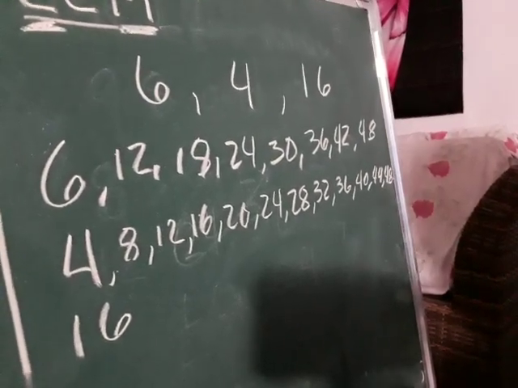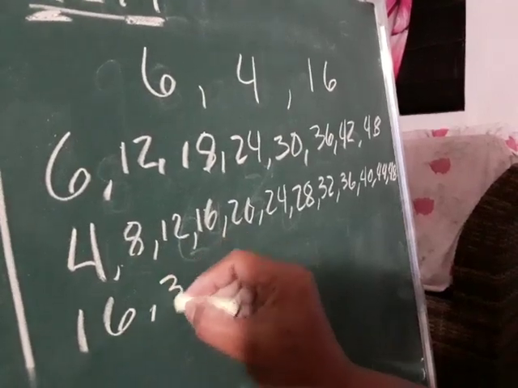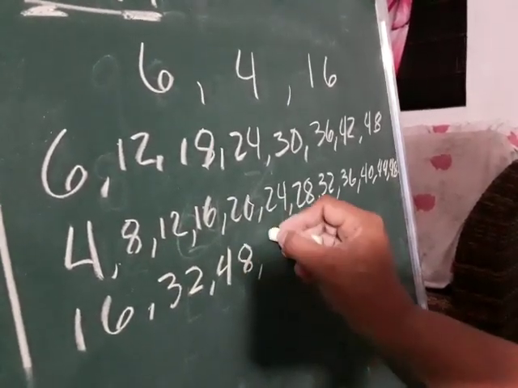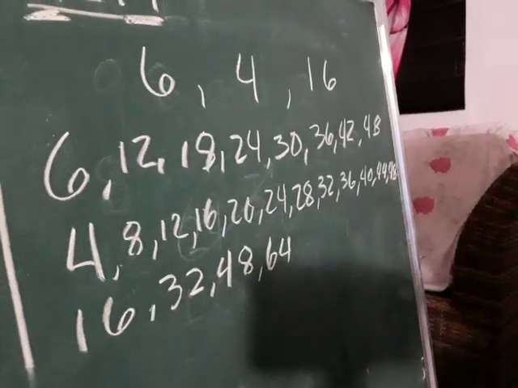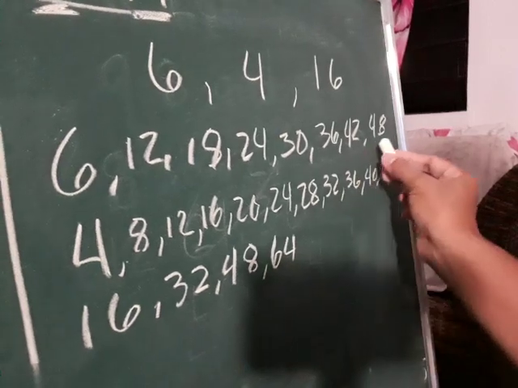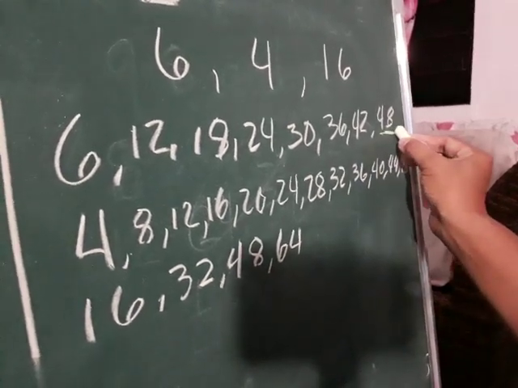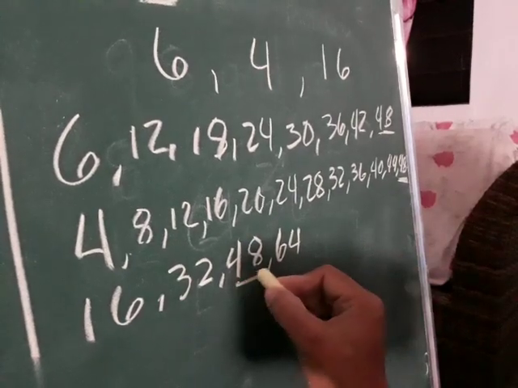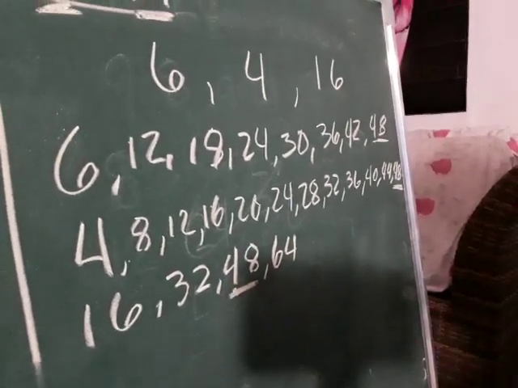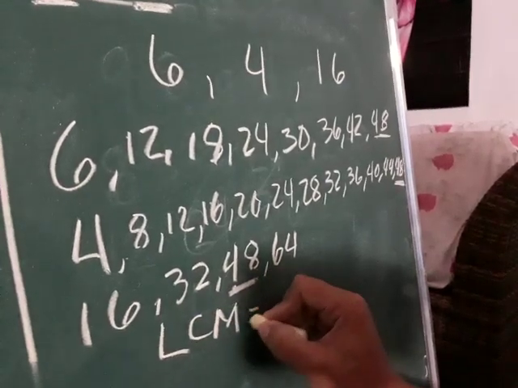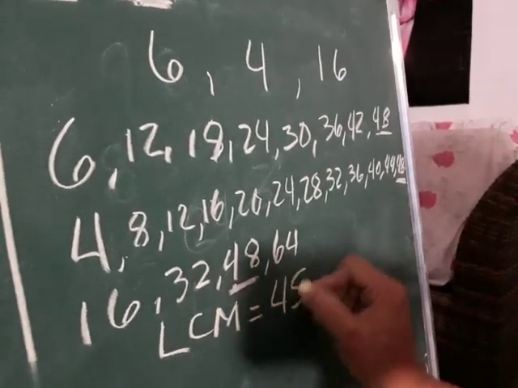Okay, so we have 16, 32, 48, 64. So I think we already have the smallest same number, which is 48, 48, and 48. Therefore, our LCM is equal to 48.